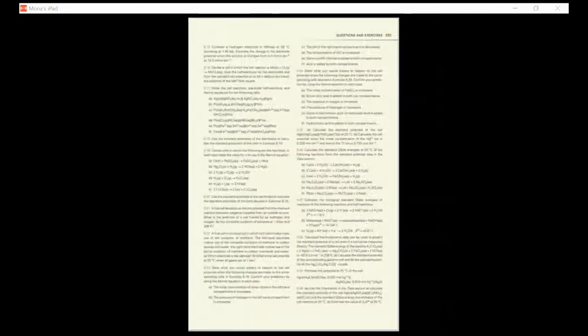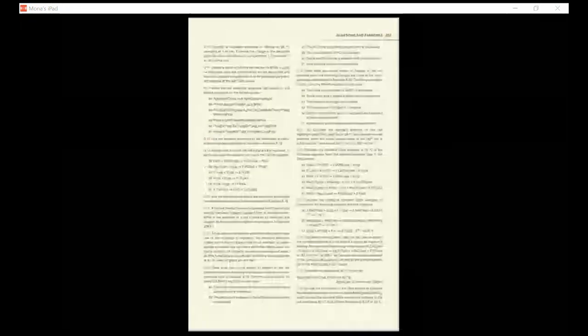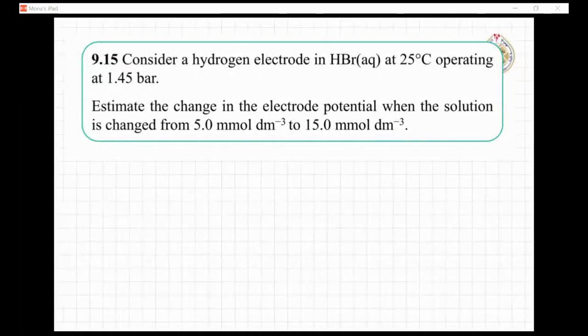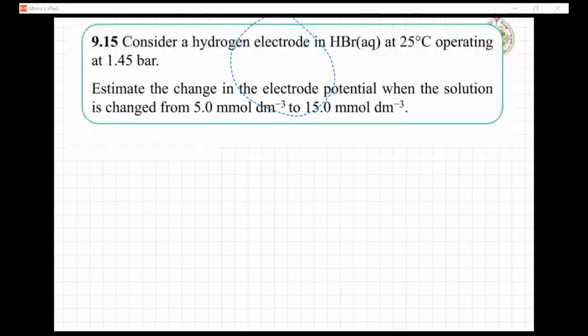The reason is that I had not covered the whole material of the chapter, so there are questions that you cannot solve. That's why I skipped those questions.